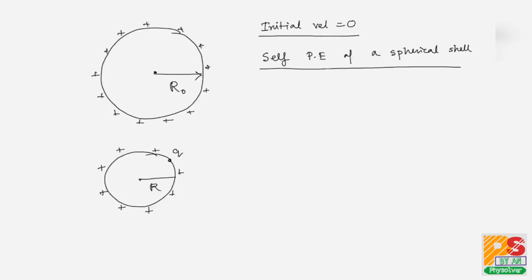Now, what is the potential on the sphere? It is very easy: V equals 1 over 4 pi epsilon naught, that is k, into q divided by the radius, right?